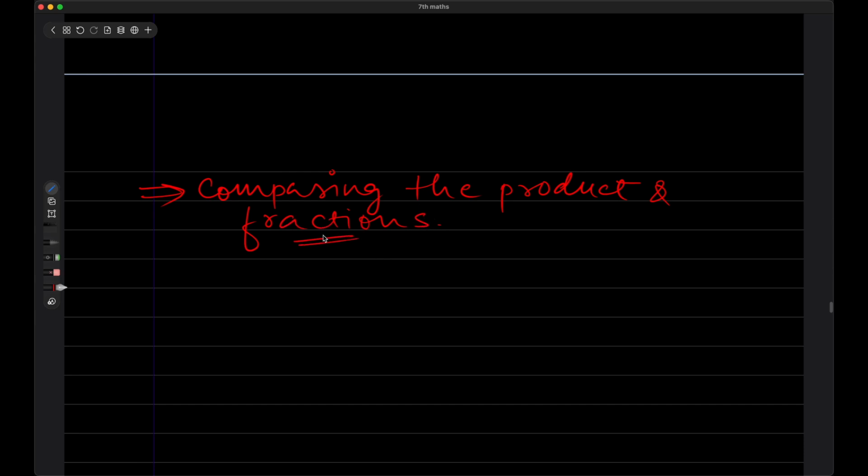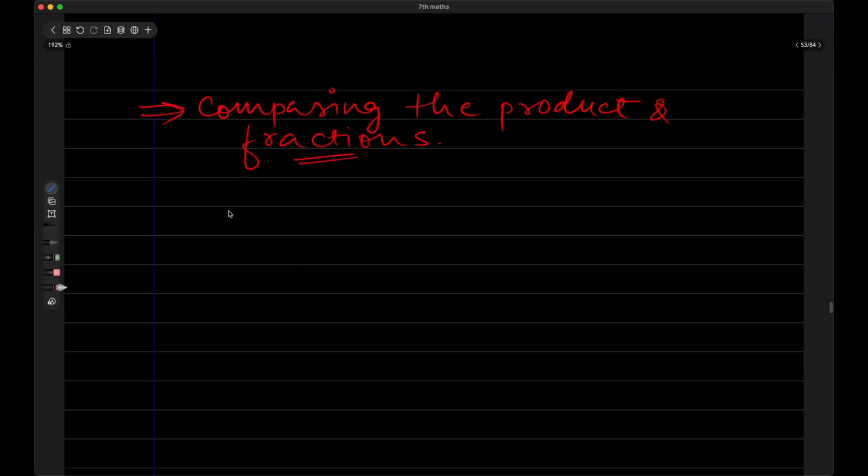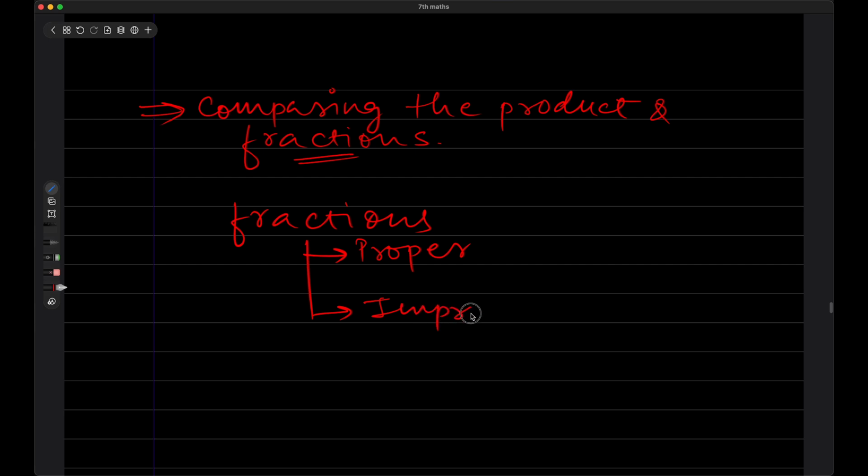Comparing the product and fractions, fractions are of three types, which we have already covered: proper fraction, improper fraction and mixed fraction.